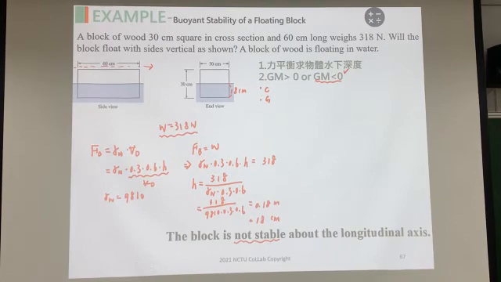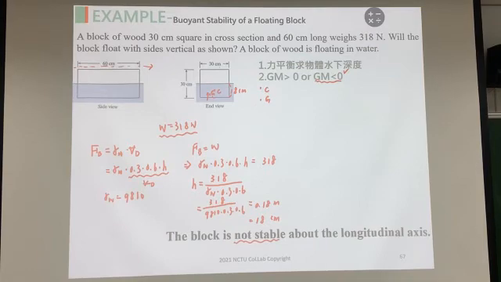C is the buoyancy center, so you only have this displaced volume here. The buoyancy center in this plot is here, C. Why? Because the total length is 18 centimeters, and only the volume displaced under the water contributes to the buoyant force. So here is 9 centimeters, the distance between the bottom and the C point.